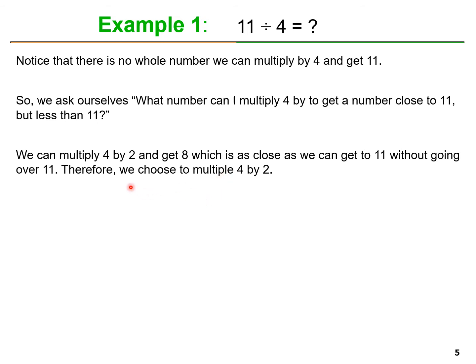Therefore, we choose to multiply 4 by 2. 4 times 2 is 8, and we will call 8 our closest number.